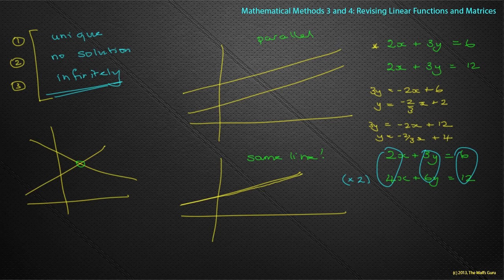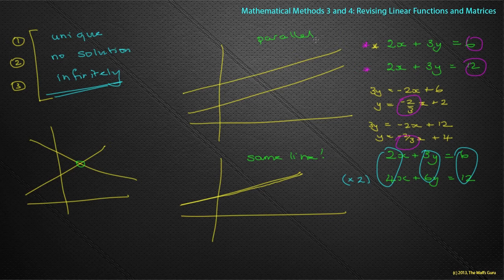What do we notice? The value in front of the x, which is our gradient, is exactly the same. So these have the same gradient and therefore are parallel. The only thing that differs is the 6 and the 12, because that gives me my intercept.